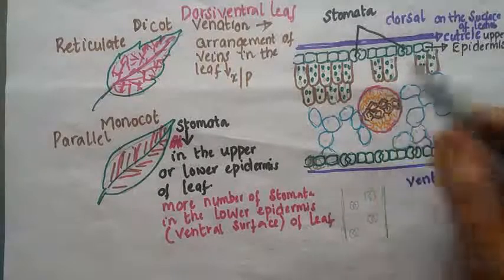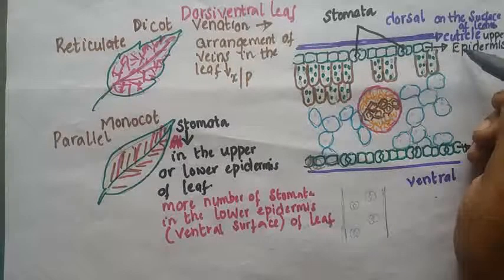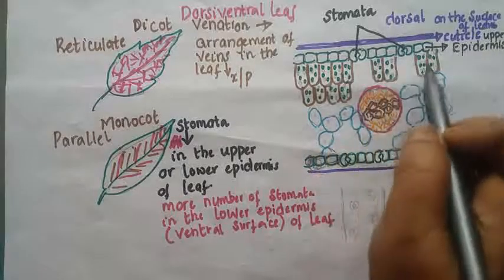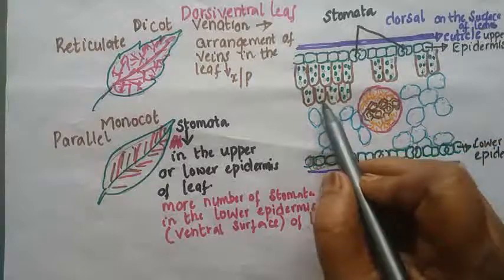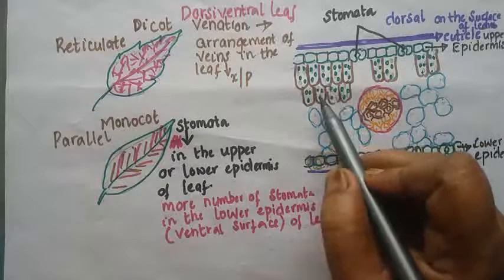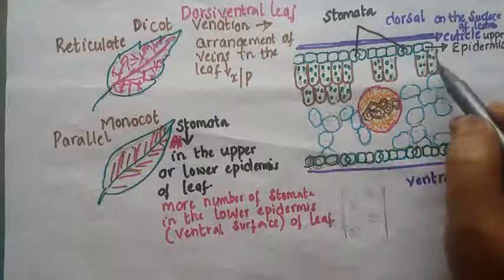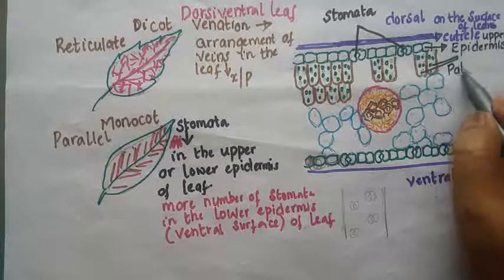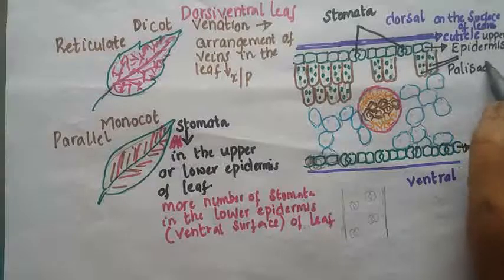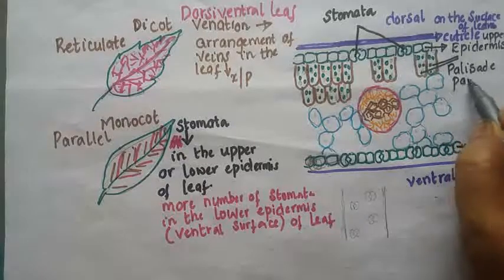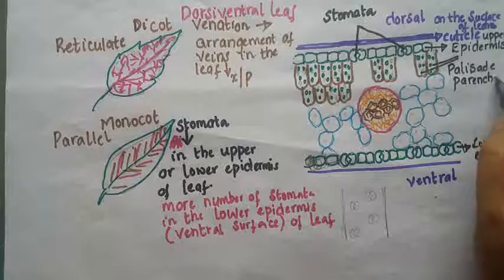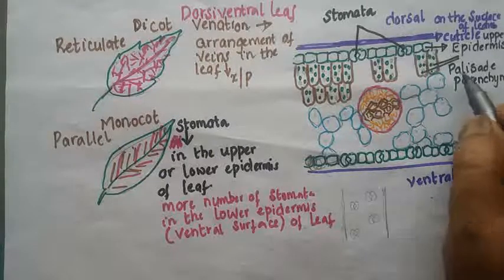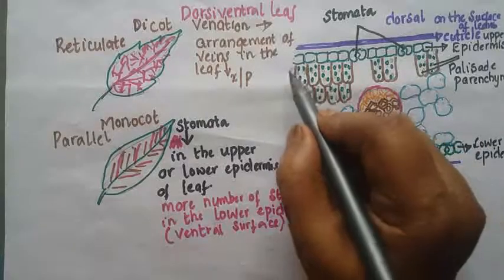If you look just below the upper epidermis, we find parenchyma cells which are compactly arranged, long cells, and these are known as palisade parenchyma cells. What do we name them? Palisade parenchyma cells, which have numerous chloroplasts.